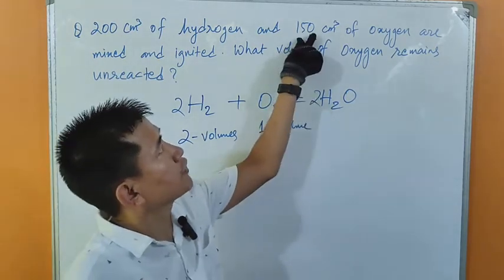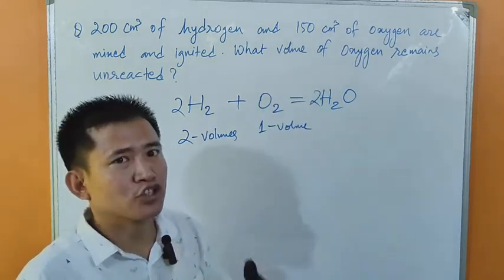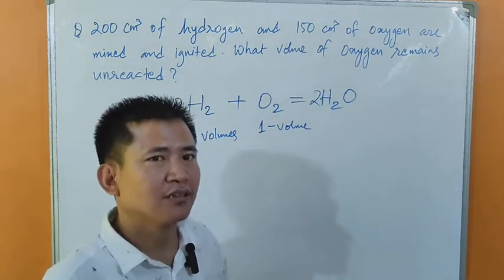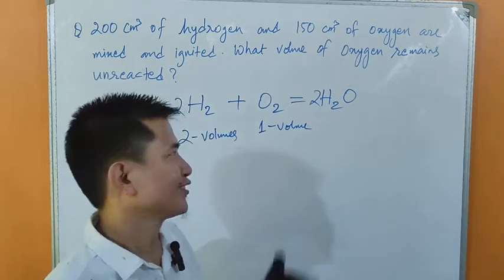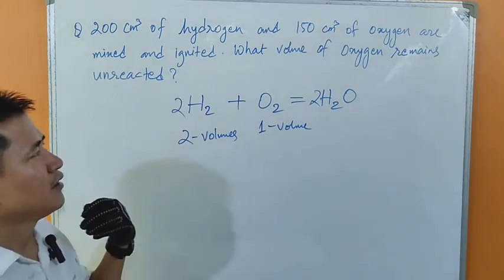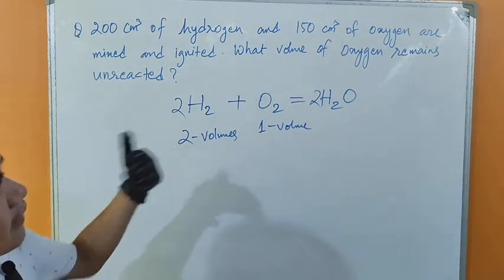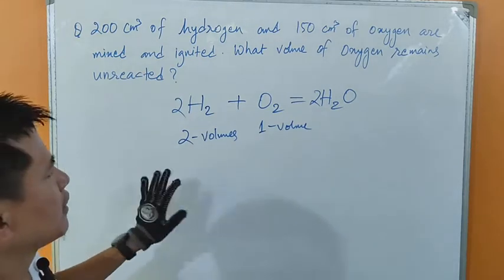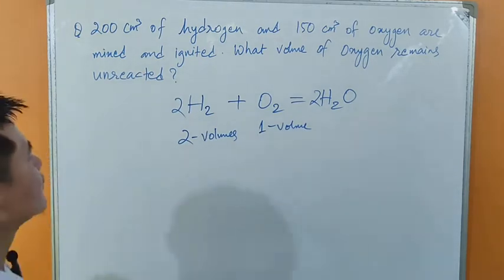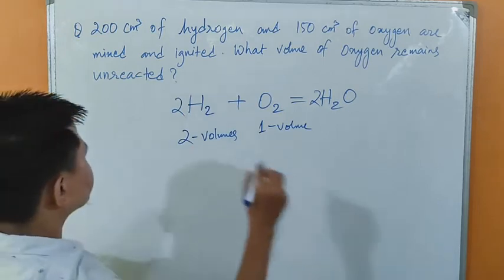But we have 150 cm cube of oxygen. That means how much oxygen is left unreacted? Very simple, 50. So the answer can be just seen and said easily. But we have to solve this by a method. And let me solve this, okay?